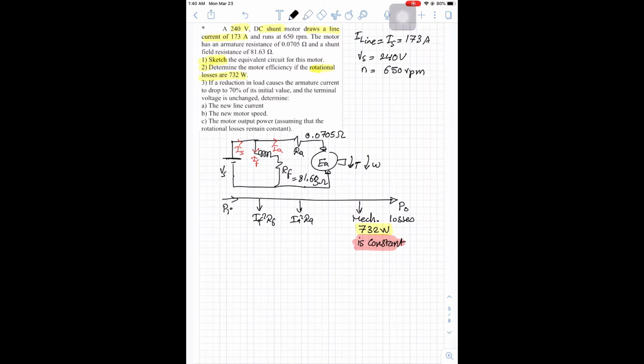To get the efficiency, we need to find P out and P in, then divide P out by P in. The simple part we can calculate is P in, because P in is V source times I source. So the input power equals V source I source, which equals 240 multiplied by 173.